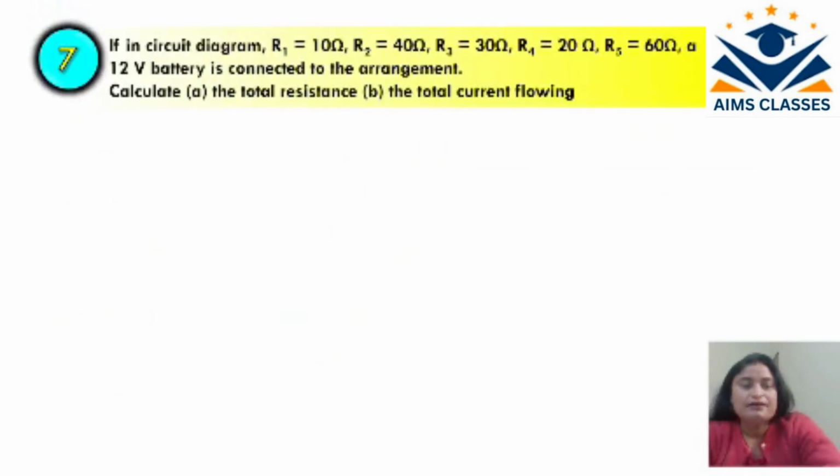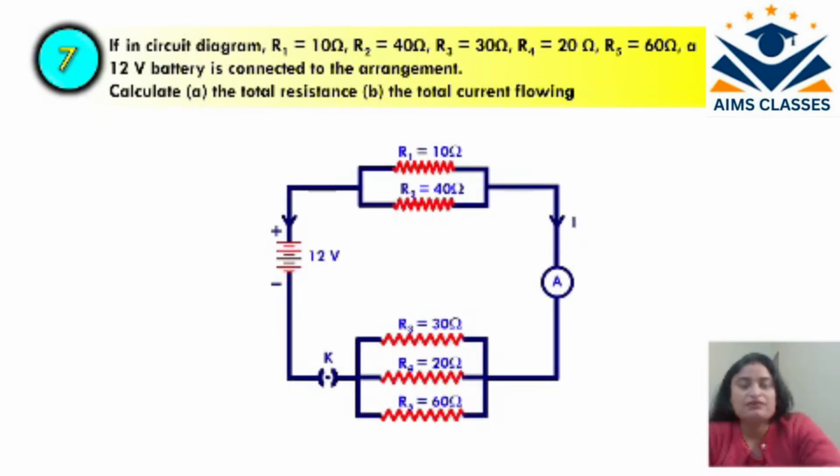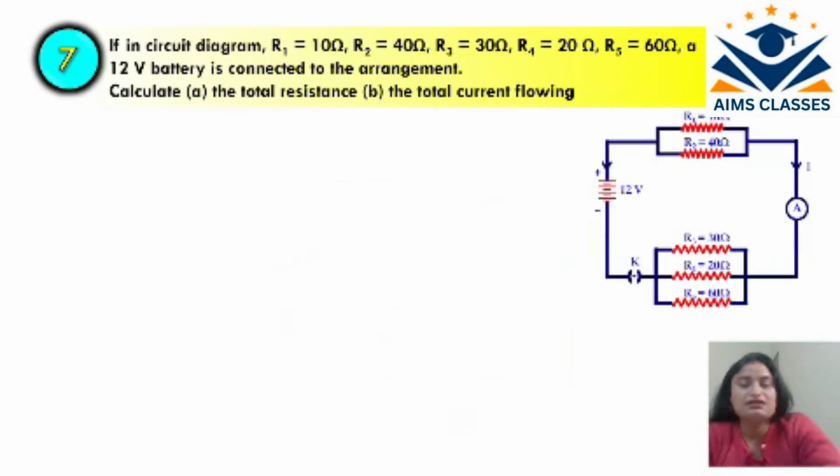So in the circuit diagram R1 equal to 10 ohm, R2 equal to 40 ohm, R3 equal to 30 ohm, R4 equal to 20 ohm and R5 equal to 60 ohm. Our 12 volt battery is connected to the arrangement. Calculate the total resistance and total current. So R1, R2 are connected in parallel, R3, R4, R5 connected in parallel.